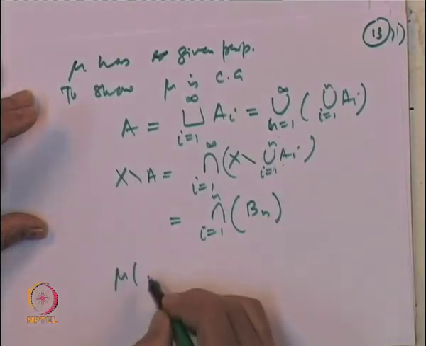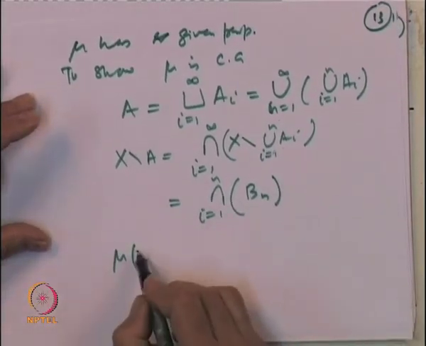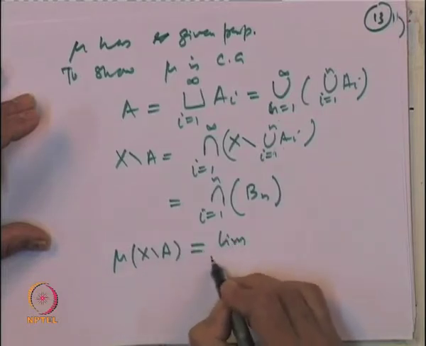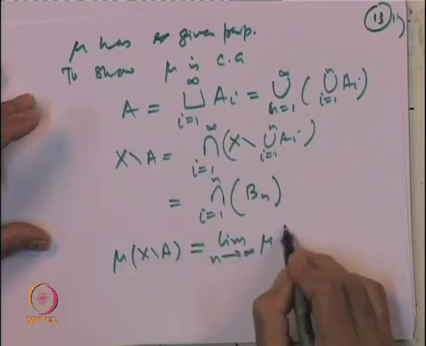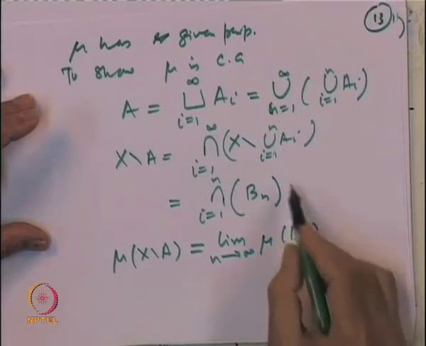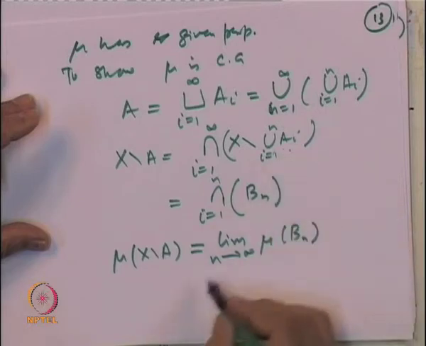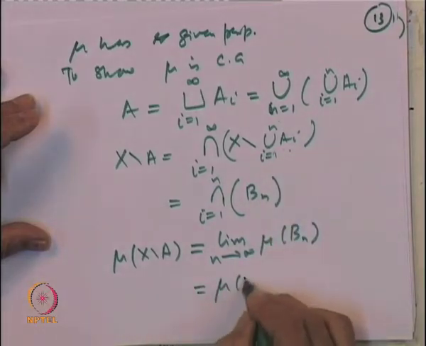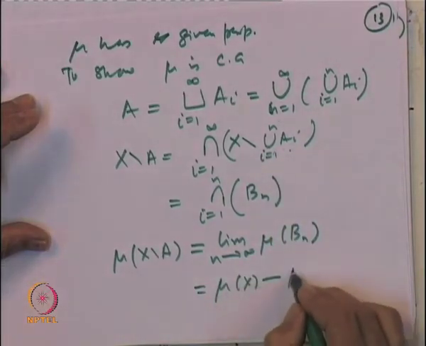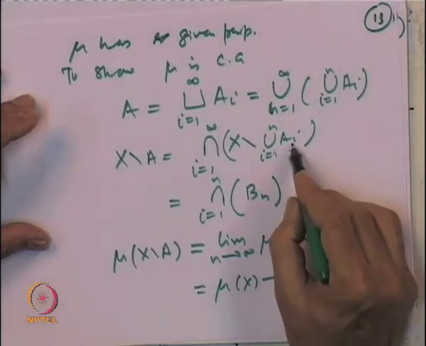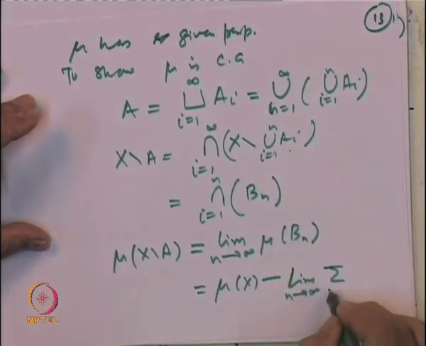So, mu of X minus A, by the given hypothesis, is the limit as n goes to infinity of mu of B n's. And what is mu of B n? Mu of B n is mu of X minus the union, so it is mu of X minus the summation i equal to 1 to n of mu of A i's, because the sets are disjoint.